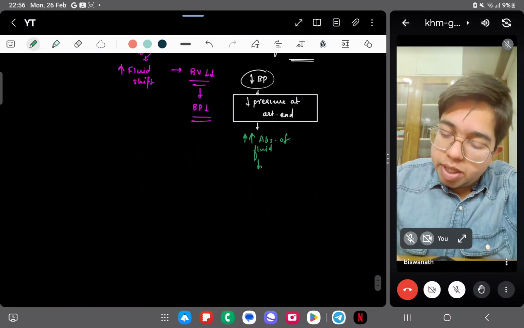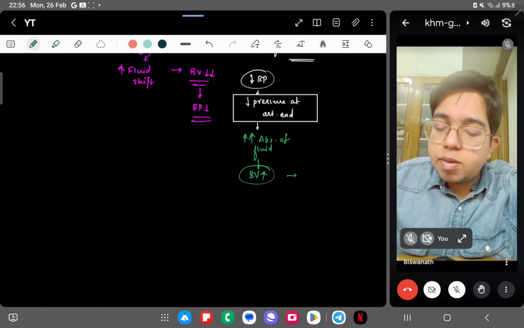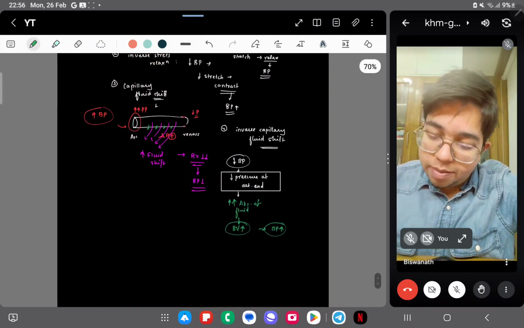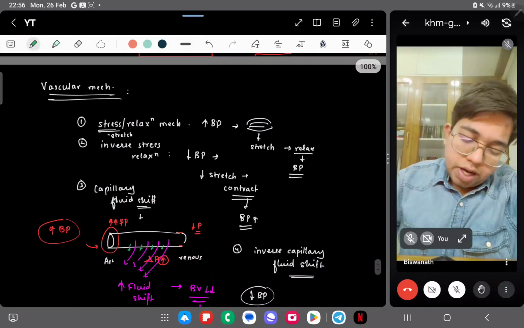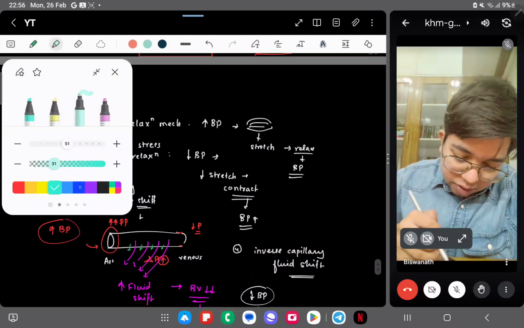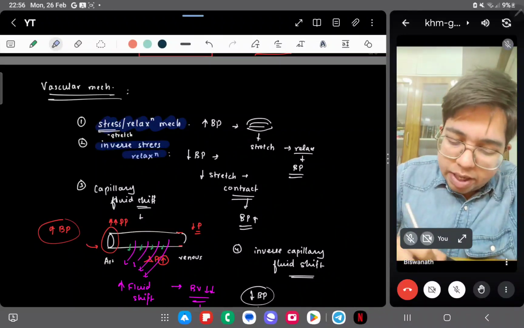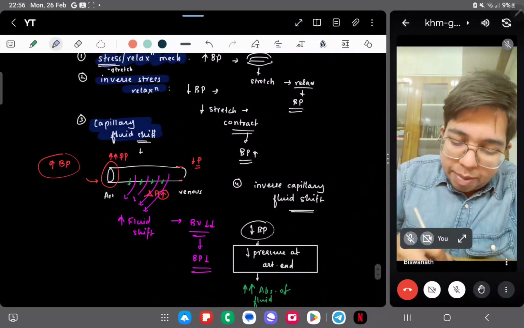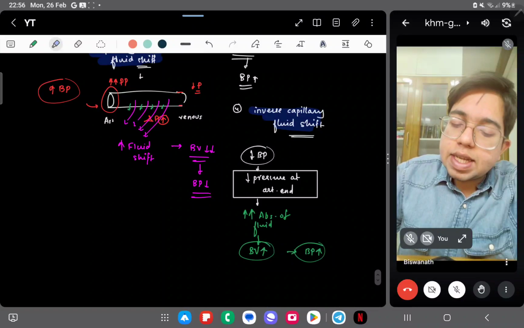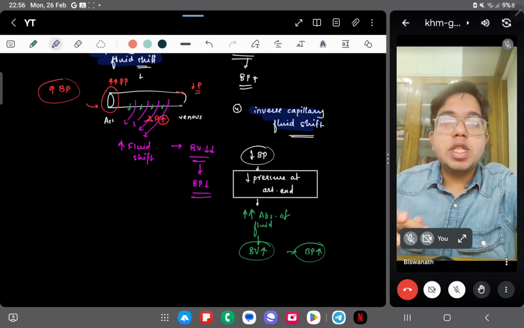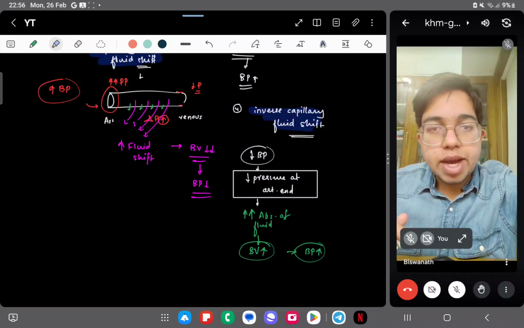Increased absorption means blood volume increases, which means BP increases. This is another mechanism. So we discussed four mechanisms in the vascular mechanisms: stress relaxation, inverse stress relaxation, capillary fluid shift, and inverse capillary fluid shift. These are your four mechanisms in the vascular mechanisms.